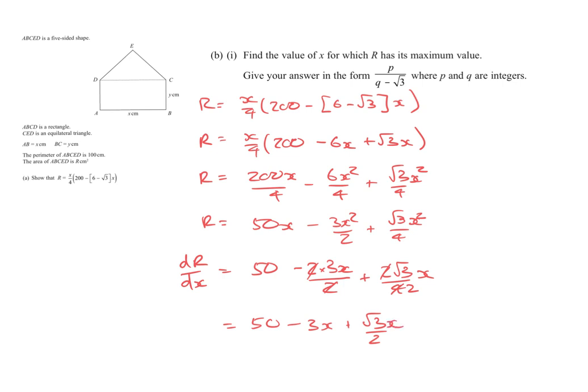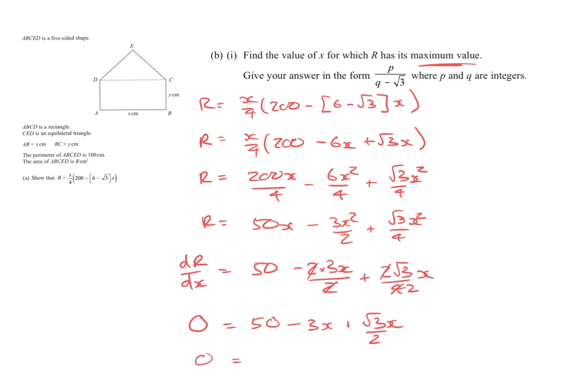And we want to put this equal to 0 because we're trying to find a maximum value, where it would turn on the graph. So we can put it equal to 0, and we want to solve this. Let's multiply through by 2 because that gets rid of my fraction there.